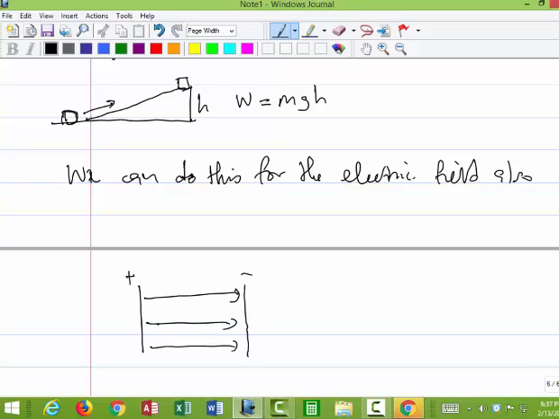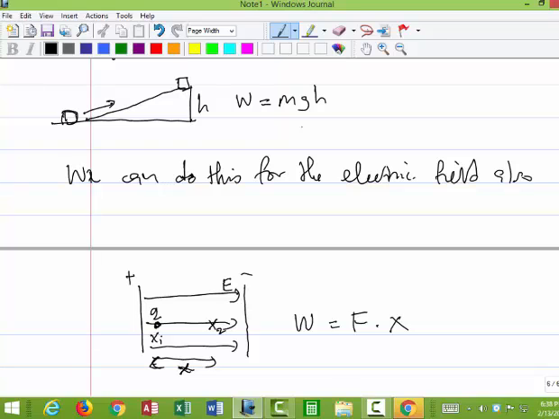If we take a charge q here at initial position x1, and we take it to a point x2, the electric field is E. The work done to move that charge is given by the electric force times the distance x.